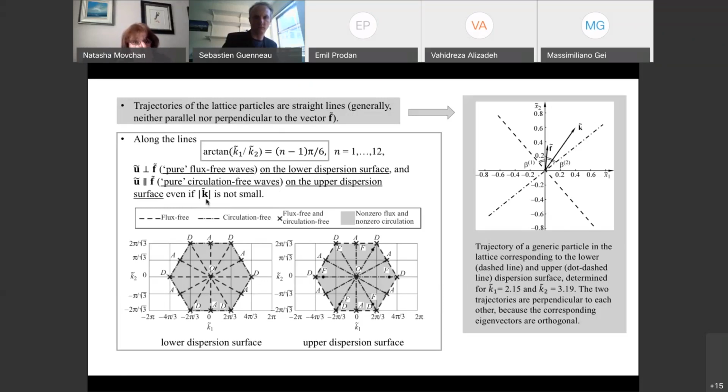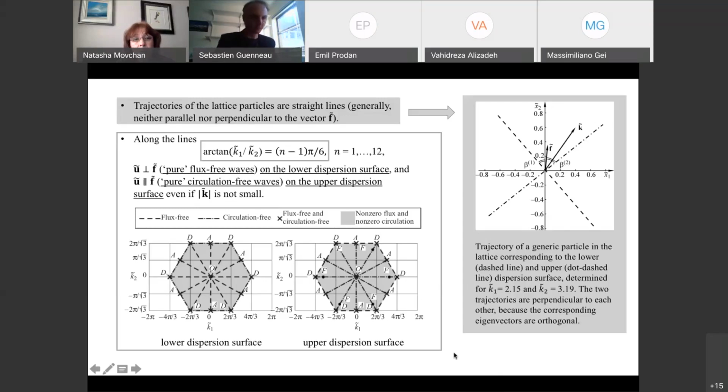For small k, we can definitely say that on the low dispersion surface we have flux-free waves, and on the upper dispersion surface we have circulation-free waves. But there are some additional lines for non-small values of k, where again we have clear-cut flux-free or circulation-free waves, depending on the frequency.